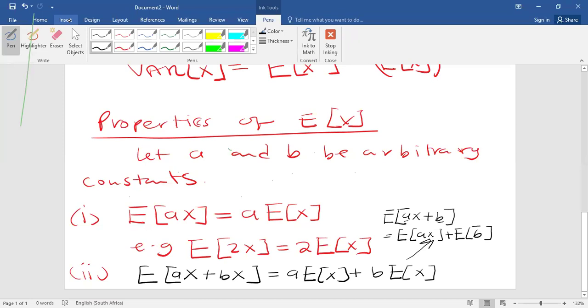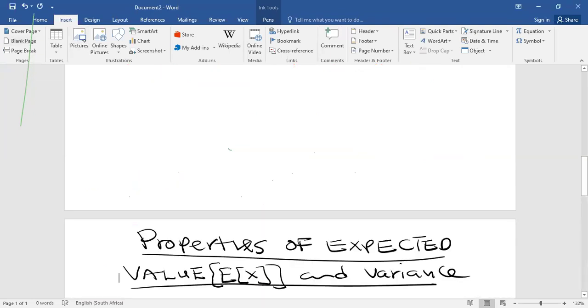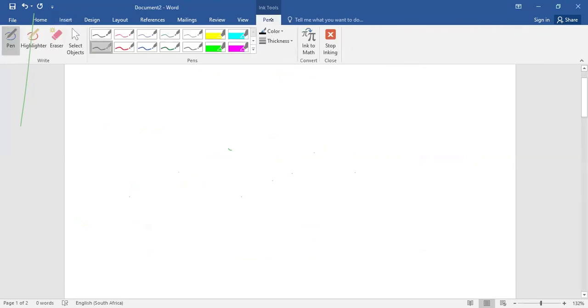The third property that we'll look at is, if you have the expected value of a constant a, which does not contain a variable X, the answer is simply a.